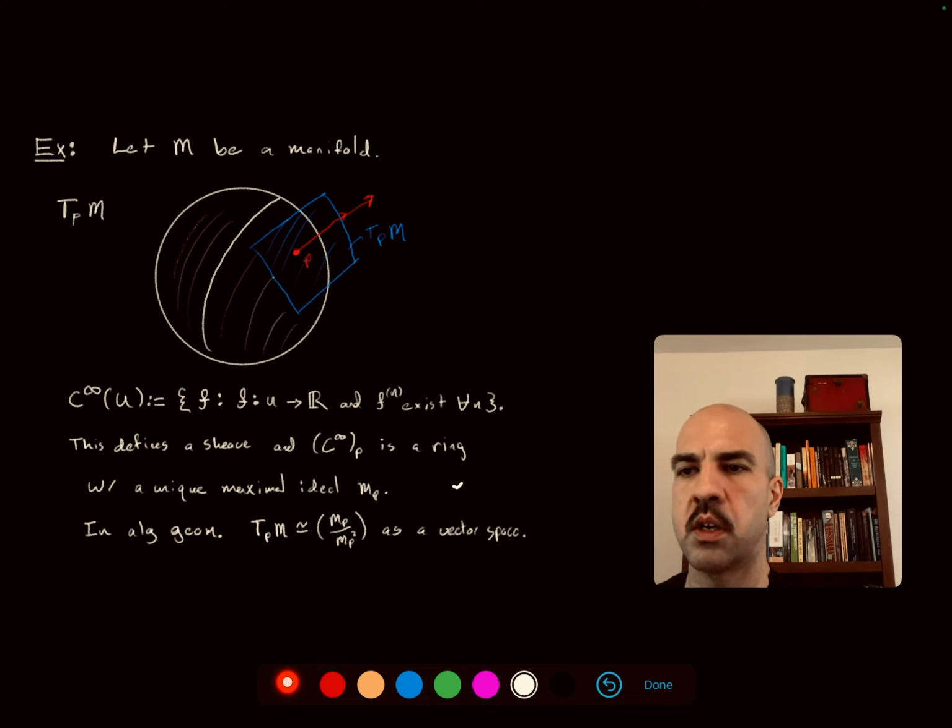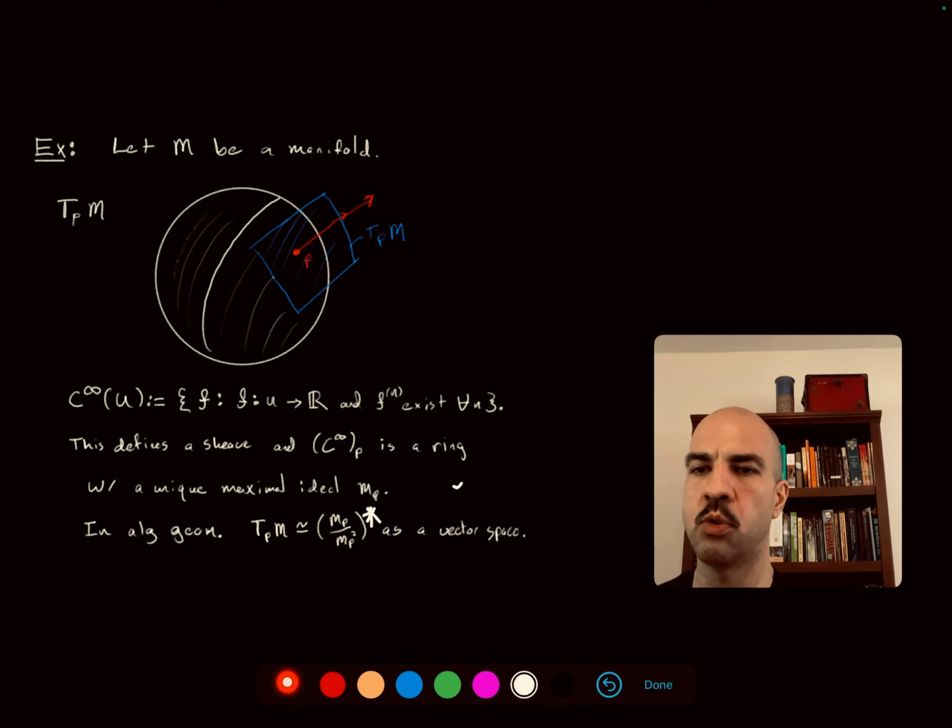So a lot of times in algebraic geometry, when we take this maximal ideal and mod out by the unique maximal ideal, because it's a local ring, what we get is a k-dimensional vector space. And right now we're just looking at this over the real numbers, so we'll just call it a real vector space. So in algebraic geometry, a lot of times in the textbooks, they'll just say the tangent space is equal to the, and this should be the dual here, because this is actually the cotangent space, you have that the maximal ideal modded out by the square of the maximal ideal is the tangent space.